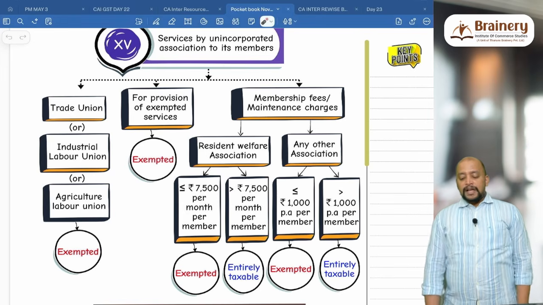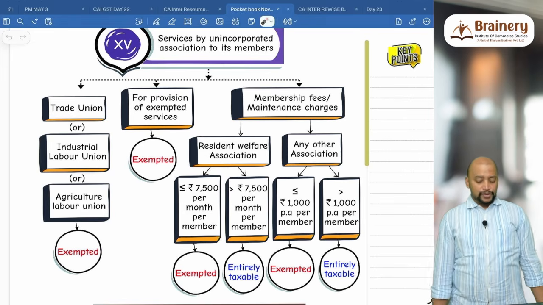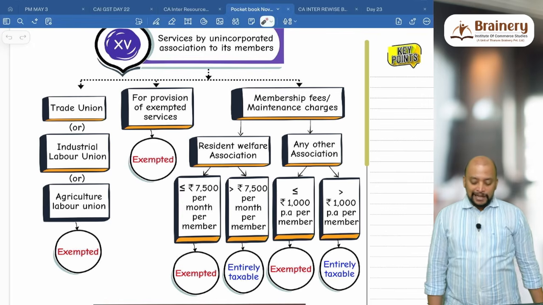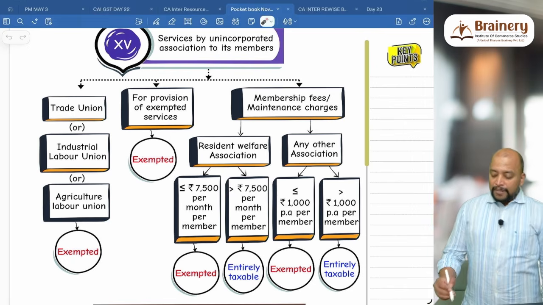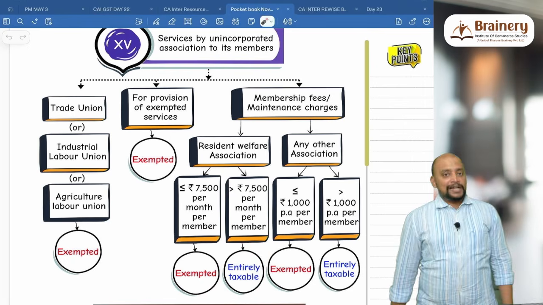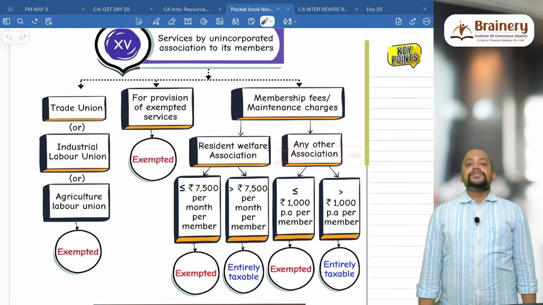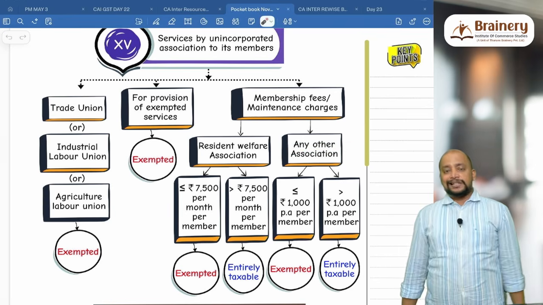And next we have membership fees or maintenance charges collected by a resident welfare association. If the charges are up to 7,500 per month per member, then it is exempted. If the charges are greater than 7,500 rupees per month per member, then entirely it will be taxable. Then any other association, if the charges are up to 1,000 rupees per annum per member, then it is exempted.